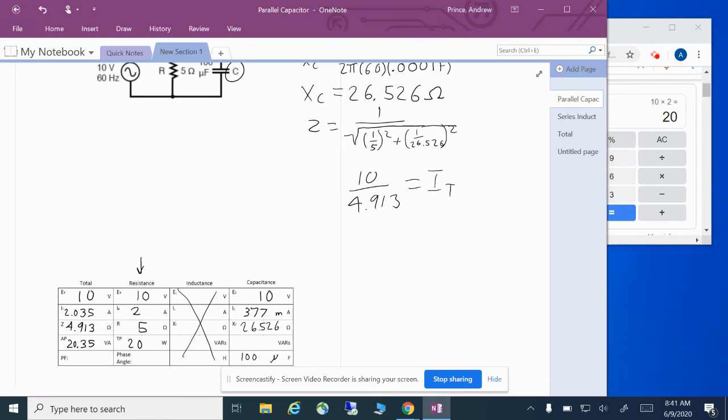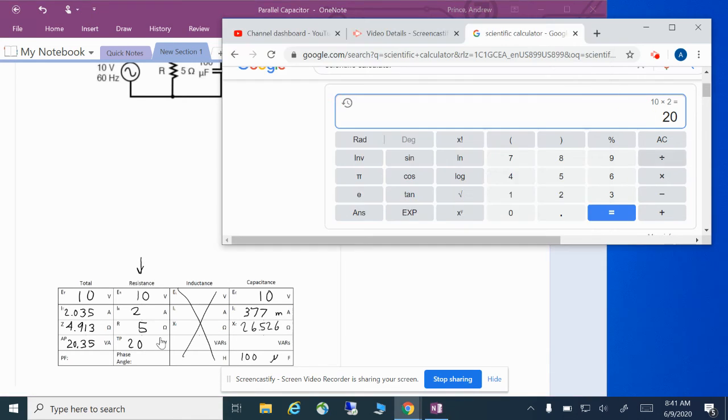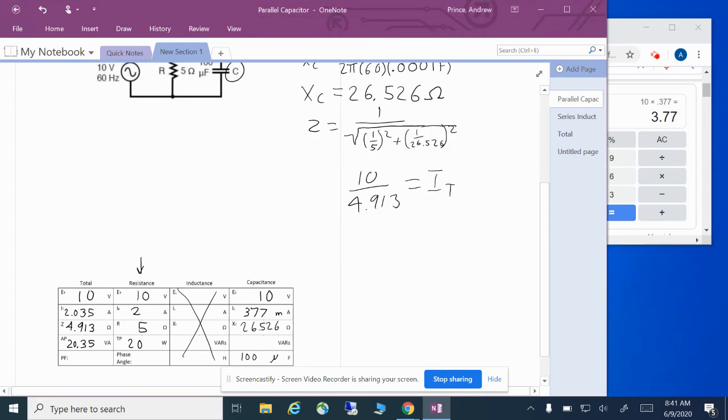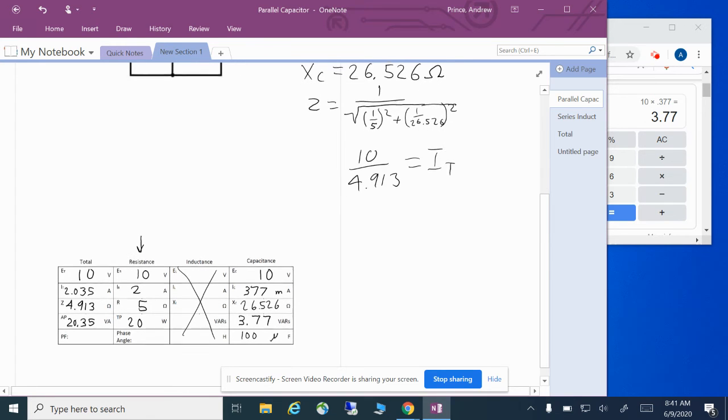And 10 times 0.377, that's going to give me my VARs, so 3.77 VARs. Okay, that's most of the information. The only thing we're missing now is our power factor and our phase angle. And those are going to be a very similar process to solve for each of those.